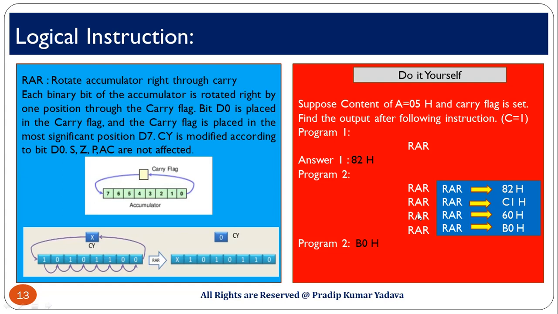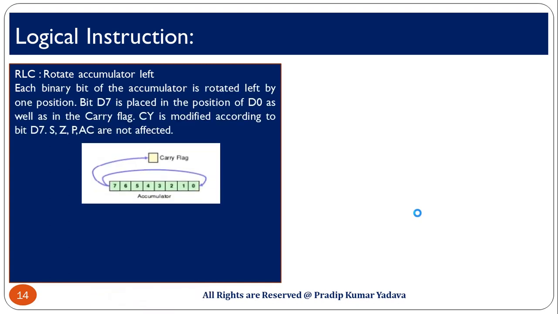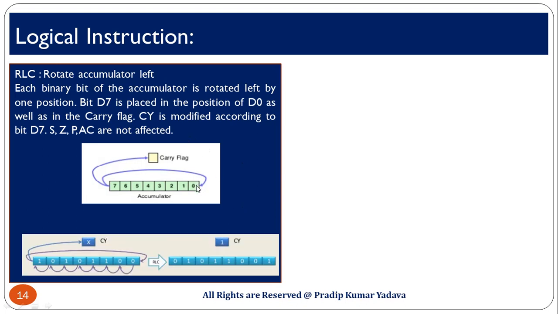So here you can see how this is working. This is the right side. Now we are talking about rotate accumulator left, RLC, means here we are just doing the reverse of right. Here we are shifting the content one bit to the left, means here to here, here to here.